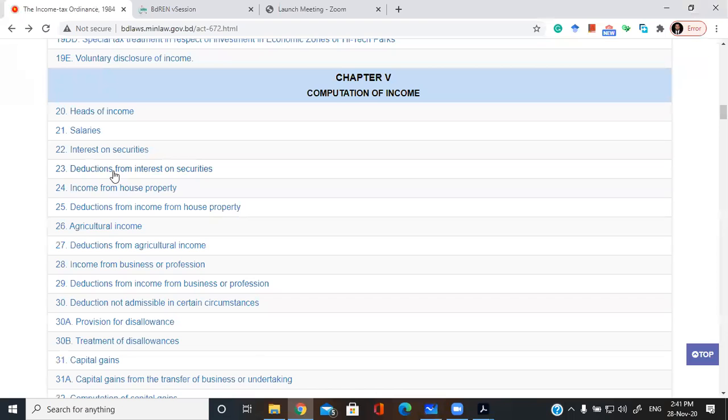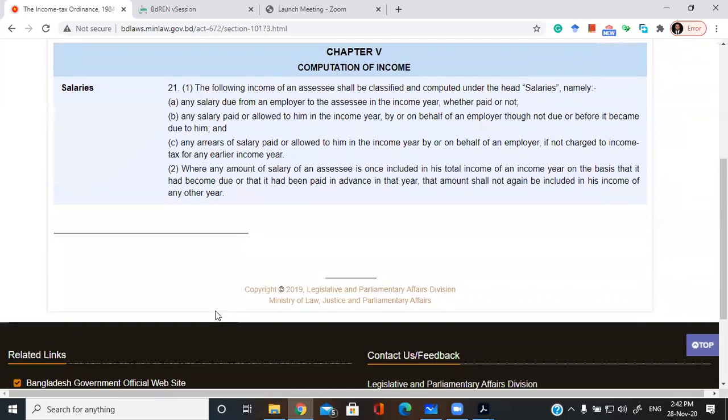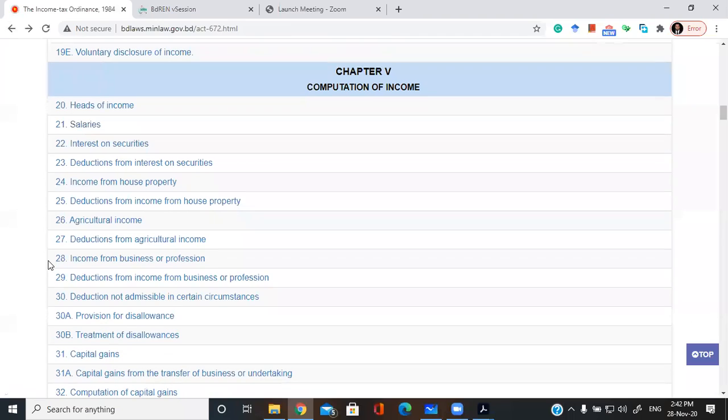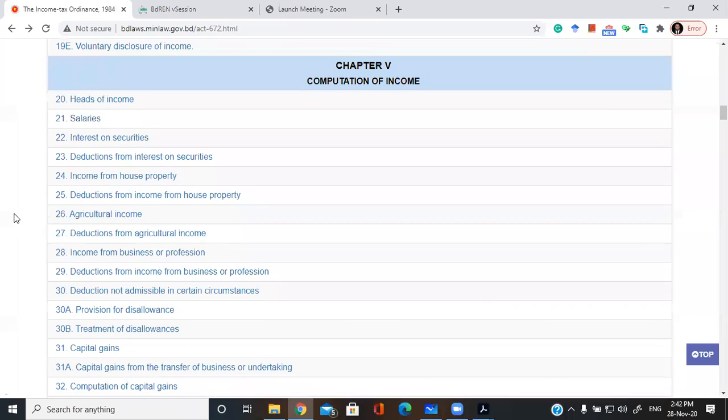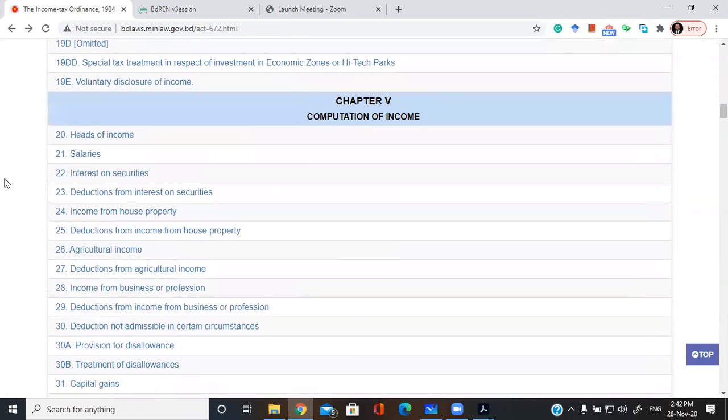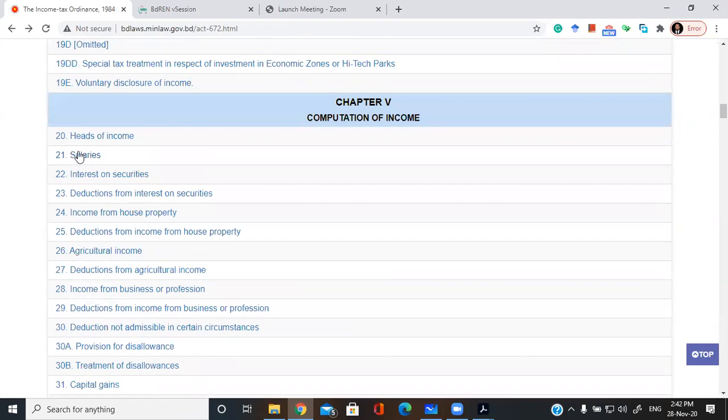Remember, section 21 of the income tax ordinance has been devoted to understanding income from salaries. If you ask me what the law reference of the salary particulars is, what is the original source, the answer is that the income tax ordinance, section 21, mentions those items which need to be shown as salary income.